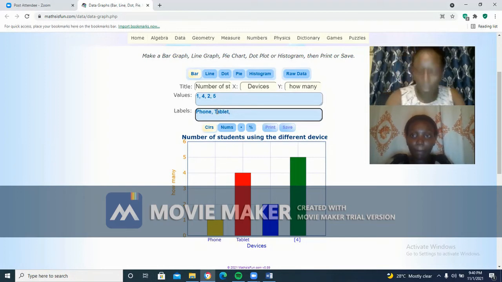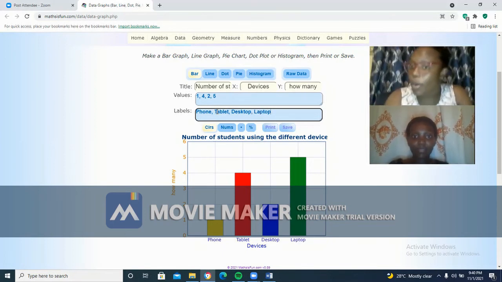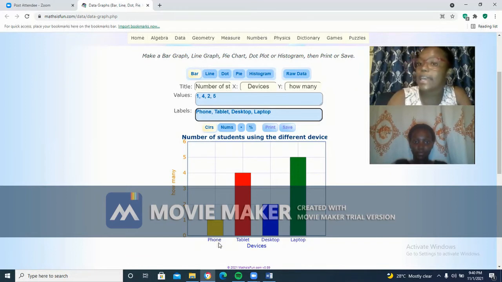For desktop, we have 2 users. And for laptop, we have 5. We are now through inserting our data. We'll now take a look down on our bar chart where our data is being reflected.